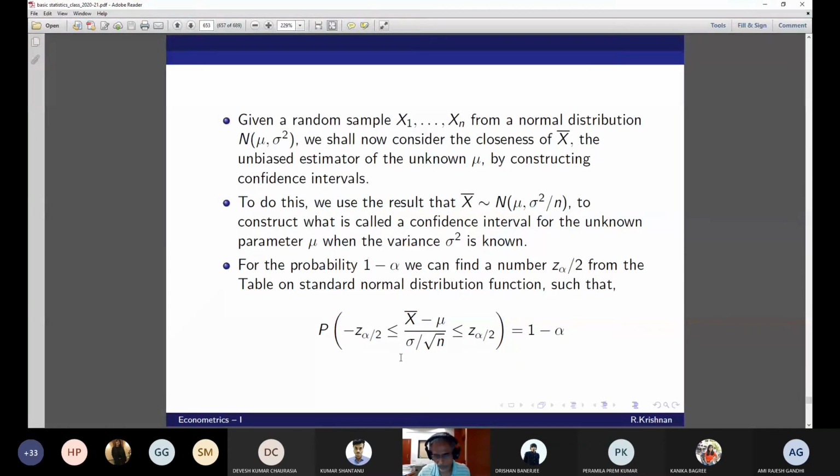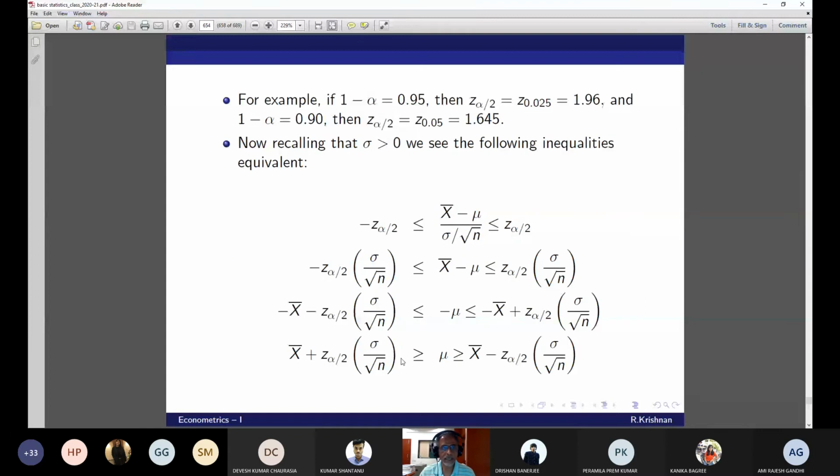Alpha is a small number between 0 and 1. For example, if 1 minus alpha is equal to 0.95, then z alpha by 2, with 0.025 on both tails, is 1.96.